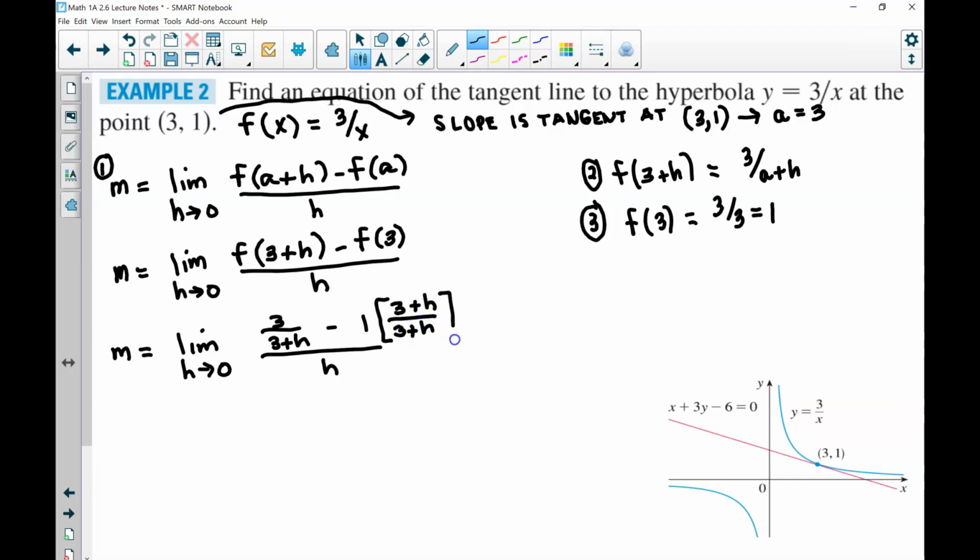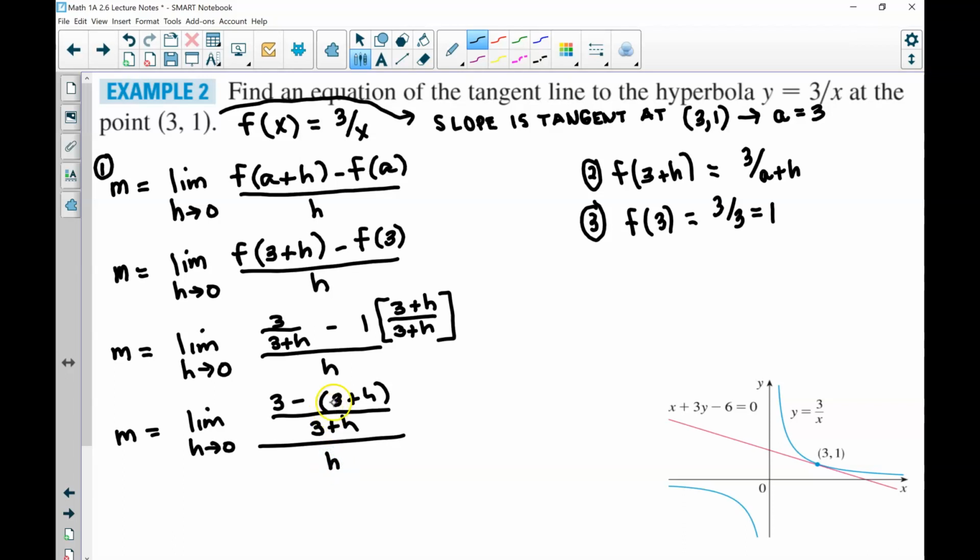And again, this just comes down to your algebra. If we go a little further here, we're going to have the limit as h approaches 0 of 3 minus 3 plus h, all over 3 plus h, and we're dividing that by h.